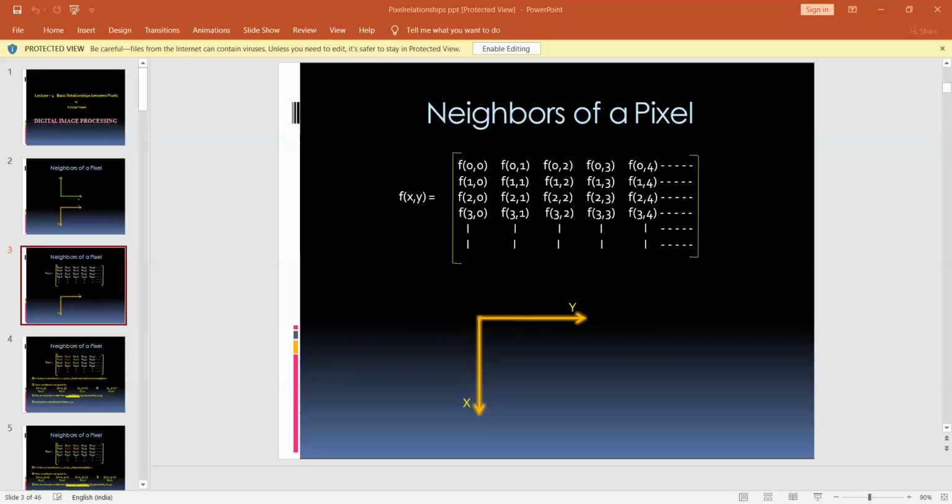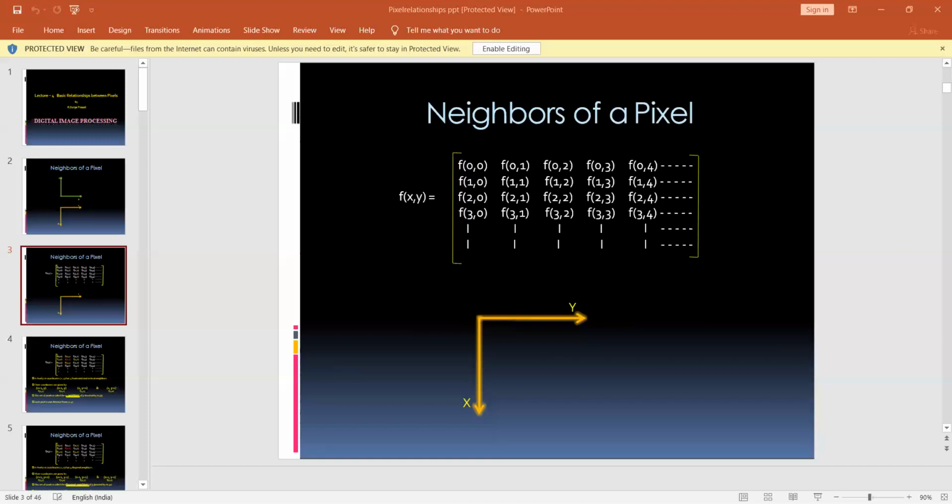Along the x-axis, x is incremented and decremented, with y remaining constant for row wise. Along the column, y plus 1, y minus 1, with x remaining constant. These four pixels are the four neighbors of reference pixel P, where f of 1 comma 1 is P. The four neighboring pixels are N4 of P, where N is neighbors, 4 represents four neighbors, and P represents the reference pixel.